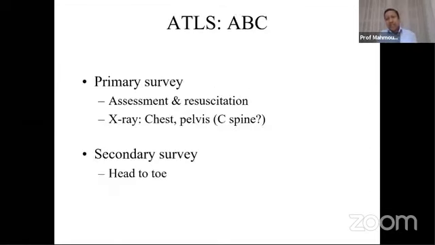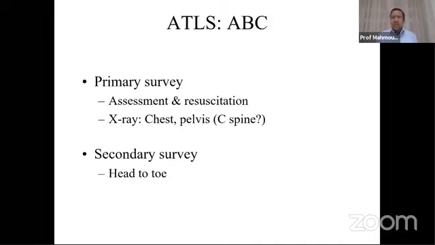So for ATLS and the ABC, there is something called primary survey and secondary survey. Primary survey is actually the ABC. So during this time, you're making an assessment for the ABC and you resuscitate. So as I mentioned, you give oxygen, give fluids and all that. If there is bleeding, you look for blood and so on. During this time, in addition to examination, you have to do x-rays, and x-ray is the chest and pelvis.